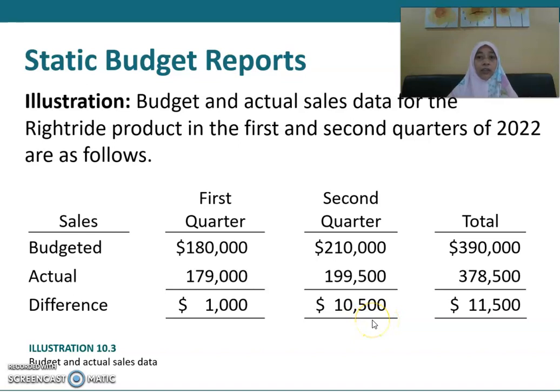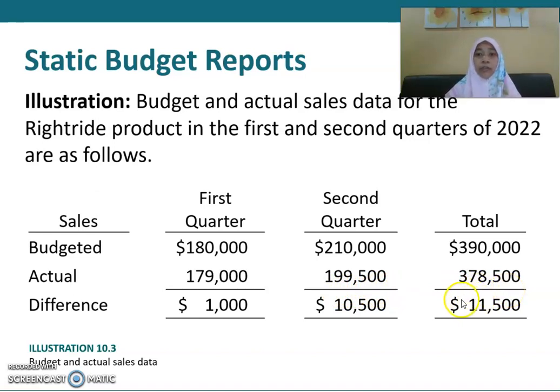If you look at the total year to date, up to that particular period, your budgeted is 390,000, as you add 180 plus 210. For your actual results, the first quarter is 179 and the second quarter is 199,500. You add these two together and get 378,500.